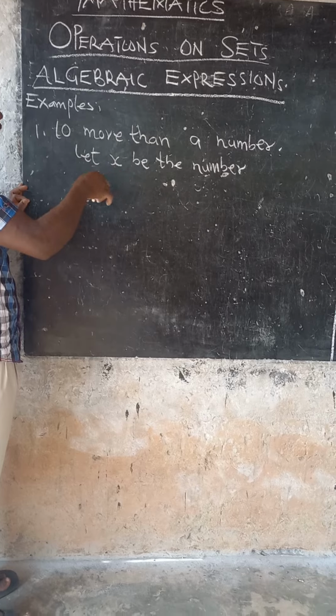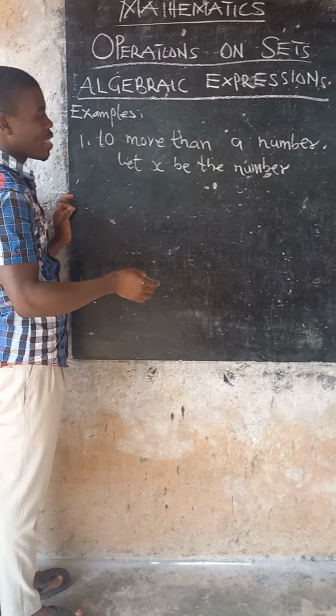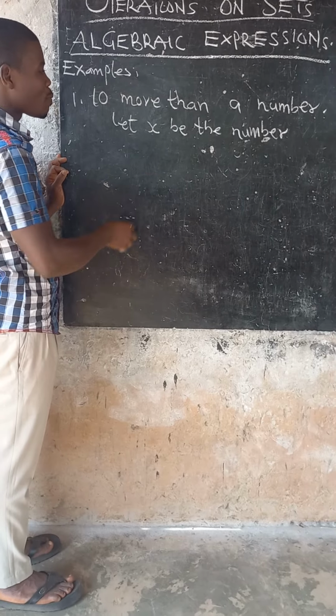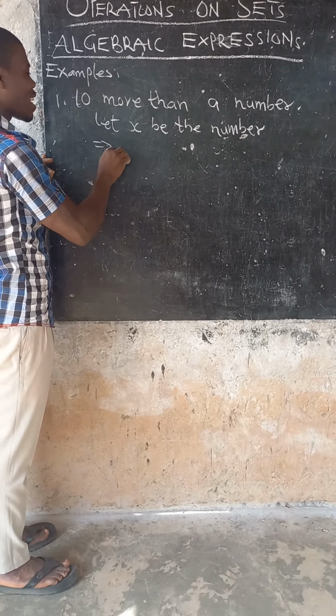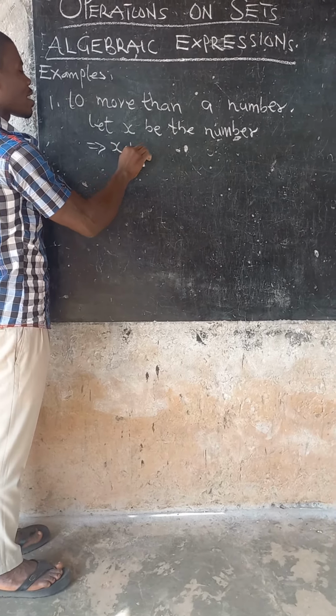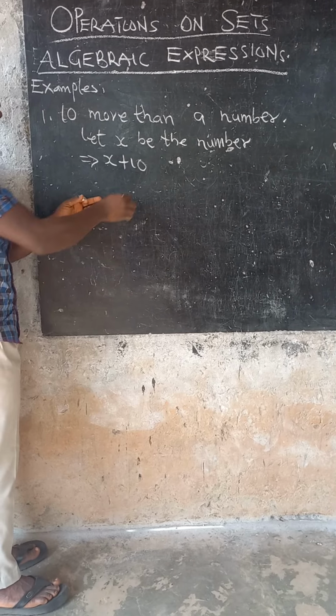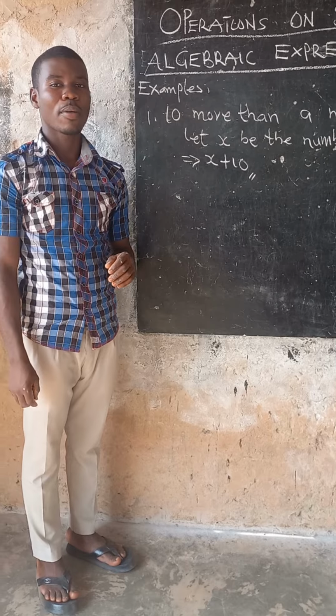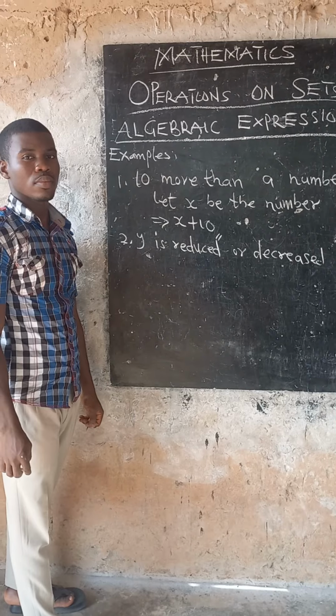And 10 is more than the number. This implies that x plus 10. So this is the statement, 10 more than a number. Now let's look at another one.